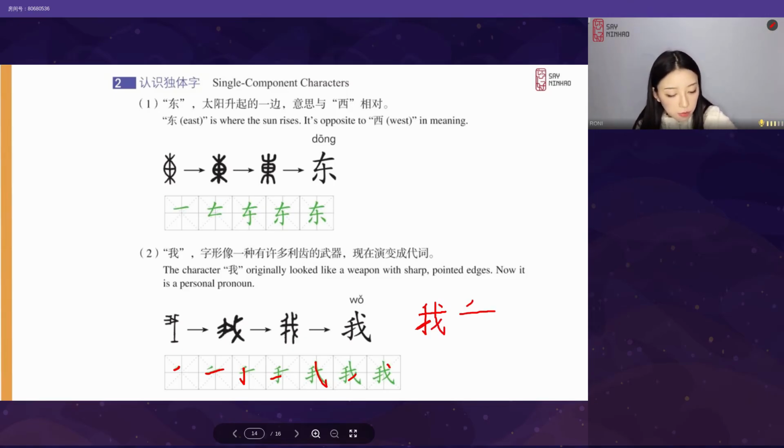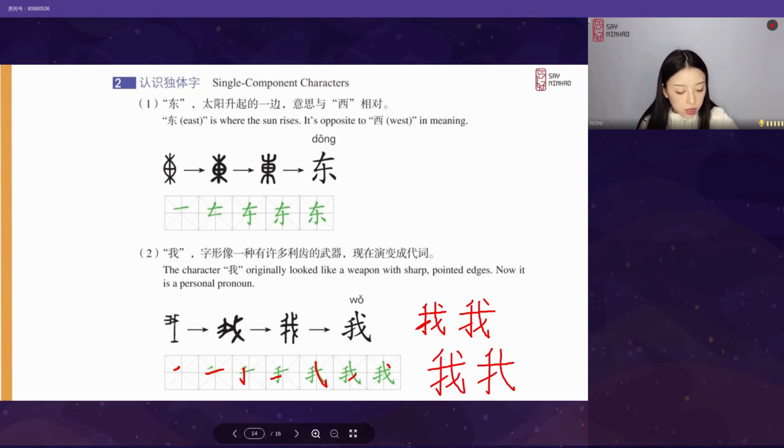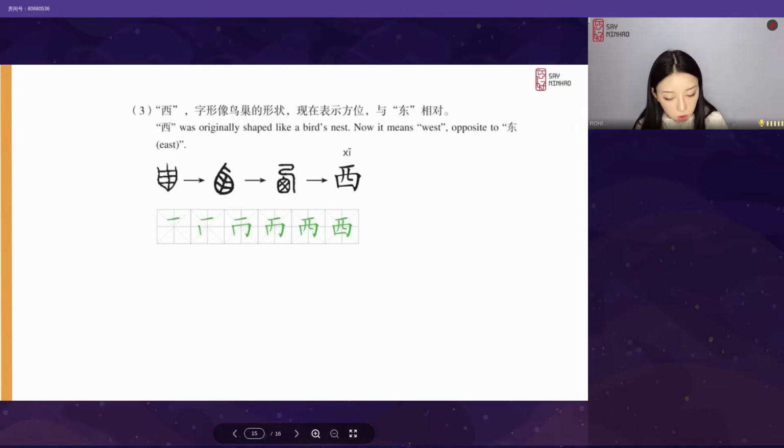Left falling, horizontal, vertical hook, rising, slanting hook, left falling, dot. Okay, this is 我, how to write 我.